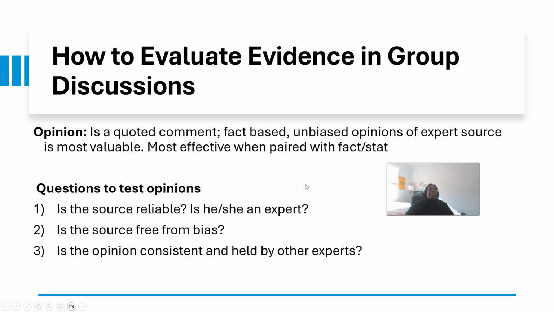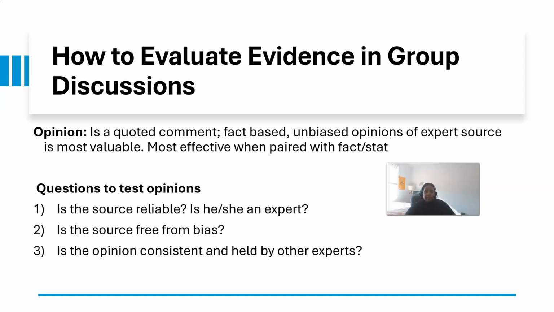All right. So how to evaluate evidence in group discussions? Opinions. Opinions are tricky because we can use opinion like a testimonial or a word on the street type of situation where it's not a hard stat or fact. It's not necessarily an example of an instance, but opinion can have its place depending on how you're going to use it.